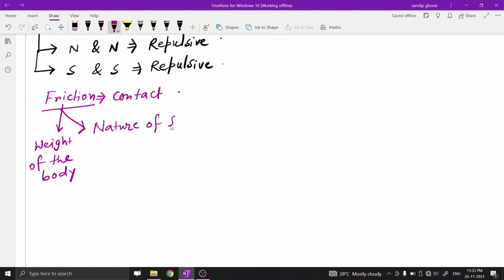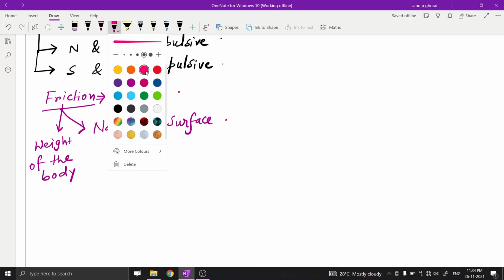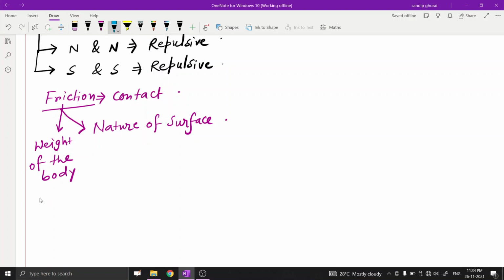So the friction force does not depend on the area on which the body is placed. This is a very important key point: friction does not depend on the area on which the body is placed.